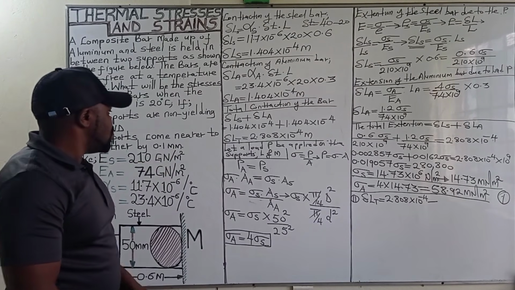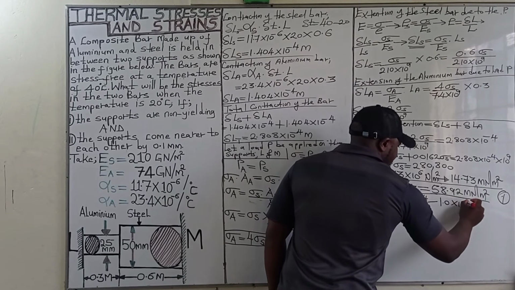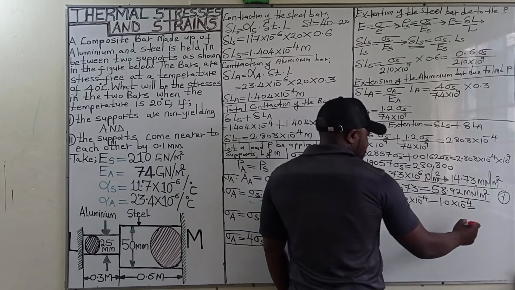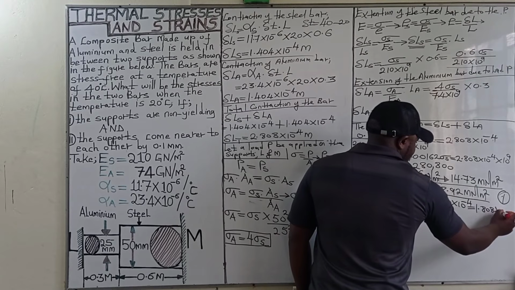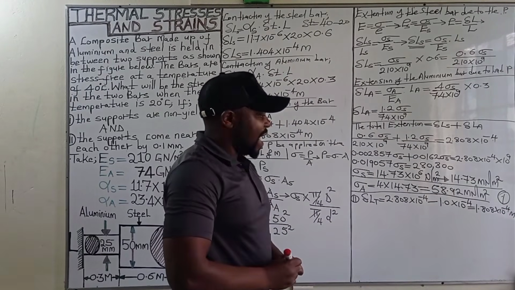So when you convert to meters, that is going to be 1 times 10 raised to the power of negative 4. And that is going to give us an extension of 1.808 times 10 raised to the power of negative 4 meters. So that will be the total extension.